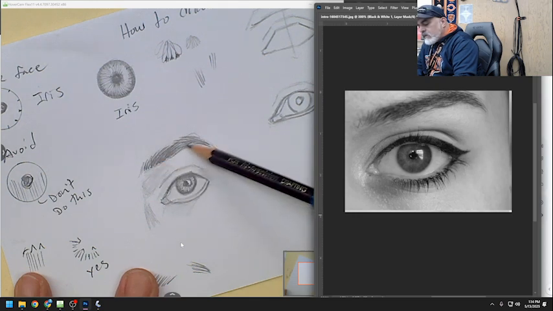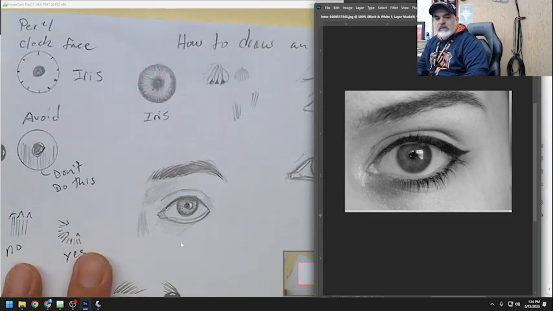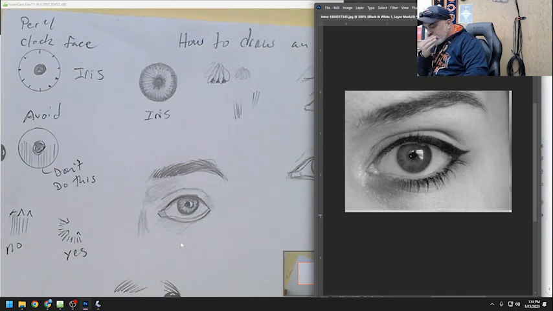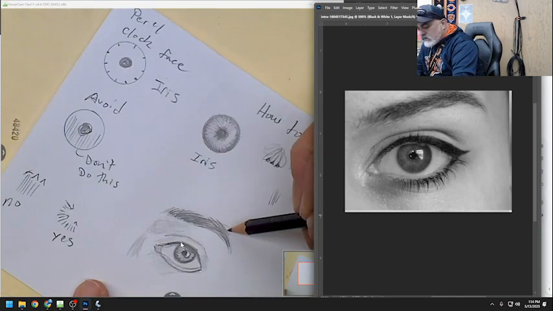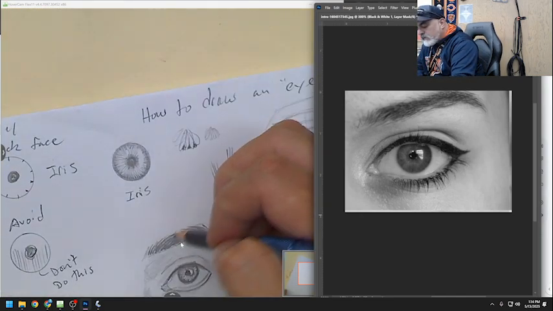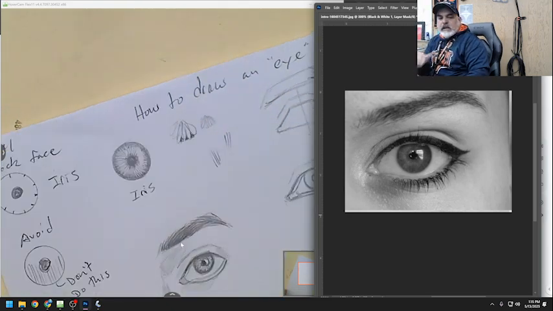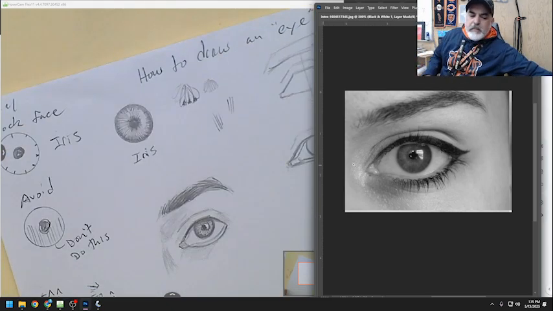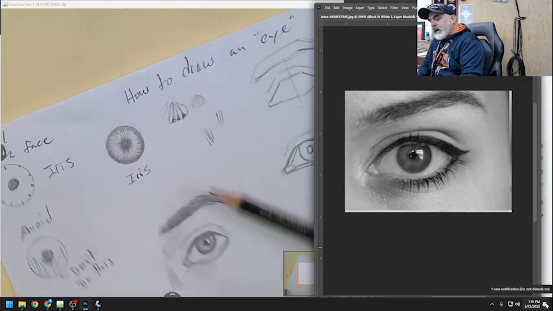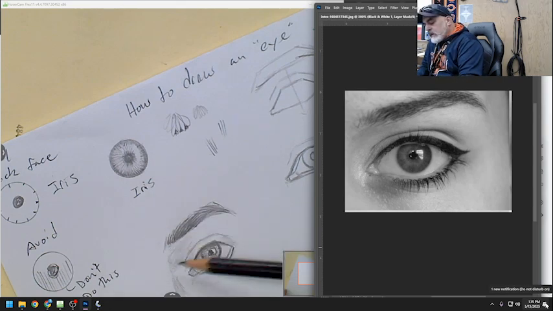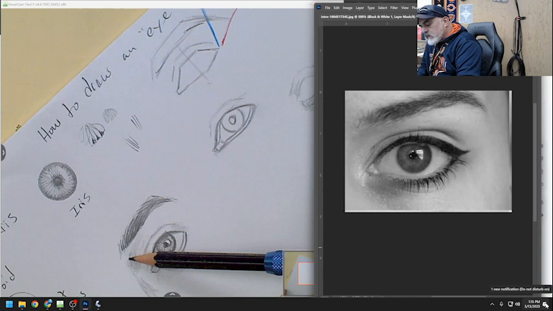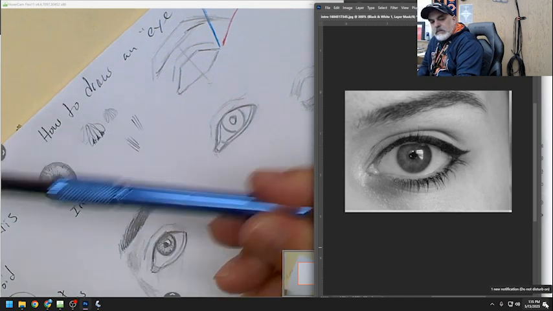So I'll just add another value just to kind of make sure I don't have that white sticking out. And then I have these like little loose hairs that we all have. And I like doing the eyebrow because it gives me a value that I can look at. And I can start coming in and start shaping my shadows. So again, I'm just moving on the back of my pencil.